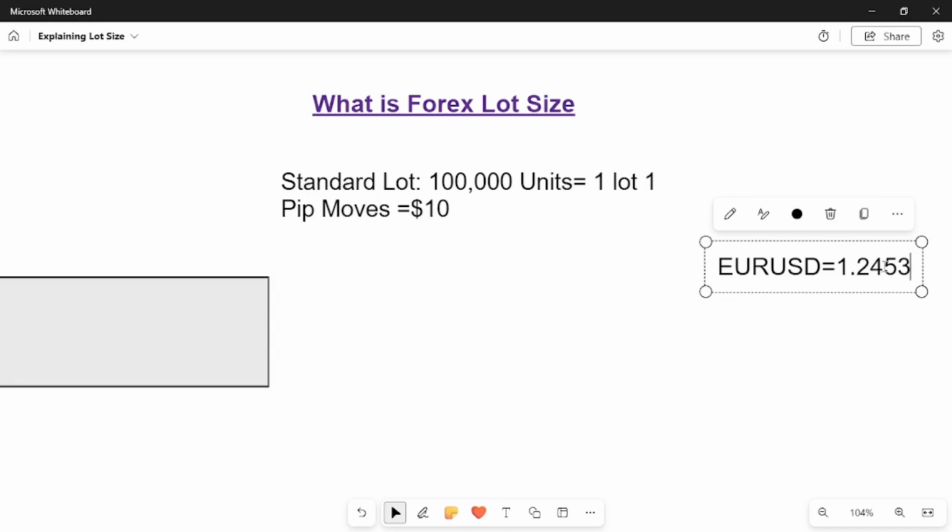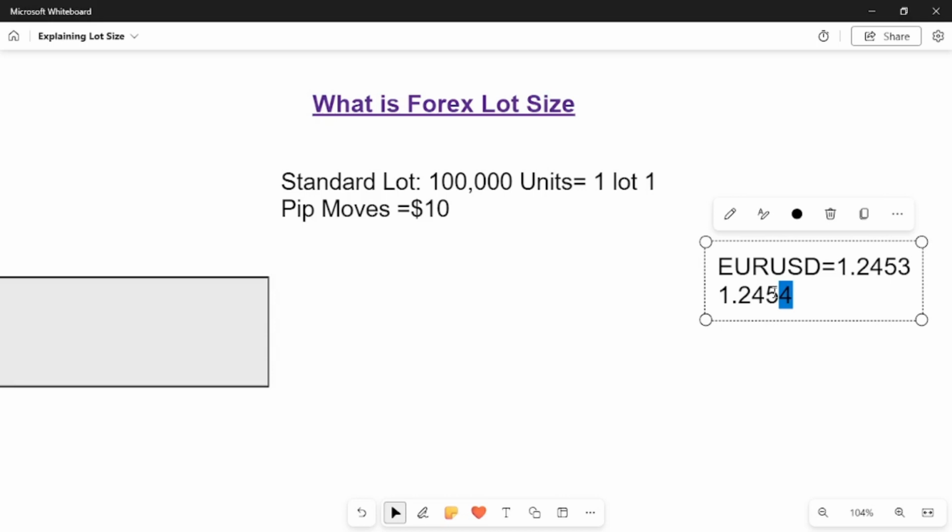Then eventually the market moves from 1.2455 to 1.2454. That tells you that if you entered a buy, there has been a $10 increment in your trade because you are using a standard lot size.